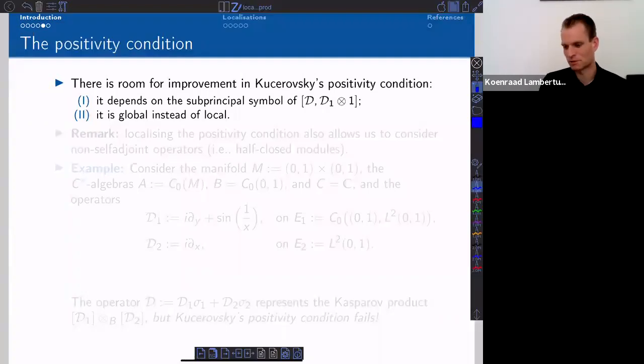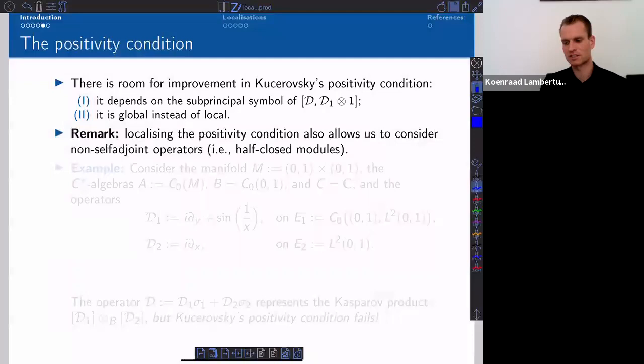Let me mention also that solving the second problem, making the condition local instead of global, also allows us to consider non-self-adjoint operators. So this means we can consider half-closed modules just as easily as unbounded Kasparov modules.